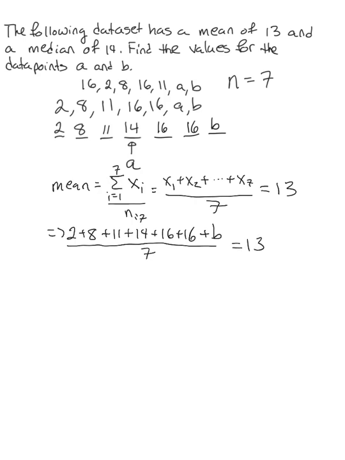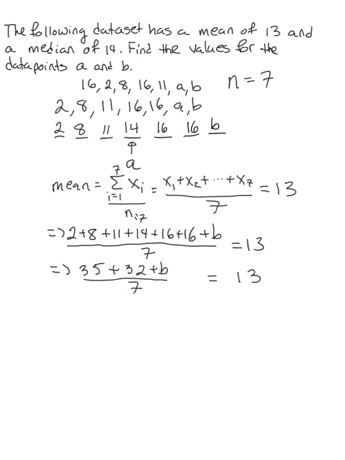So now we just need to solve for B. The first thing we can do is add up all the numbers up top. 2 plus 8 is 10, plus 11, that's 21, plus 14, that's 35. 16 plus 16 is 32, and then B, and then divided by 7 is equal to 13.